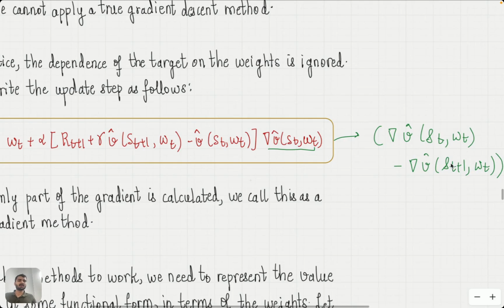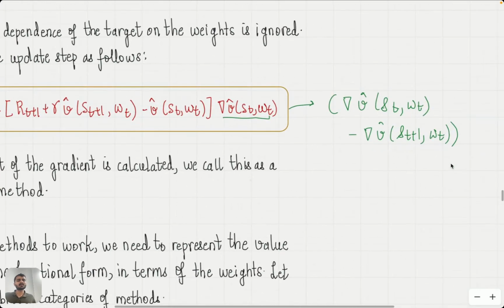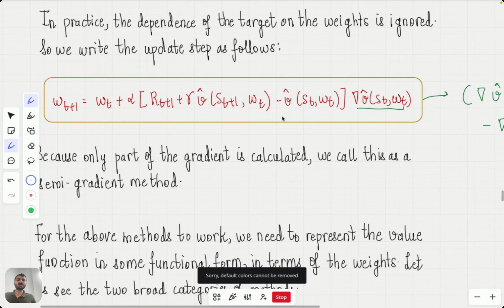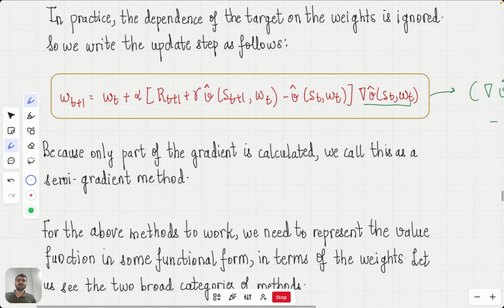It turns out that you cannot use the exact same formula. But what people do is they choose to ignore this anyway. They say, let me ignore this and I'll just consider the gradient of the approximate value function for this state. That's why this is called the semi-gradient method. Theoretically it's not completely accurate because you have to include one more gradient here, but that gradient is completely neglected. That's why it's called a semi-gradient method.